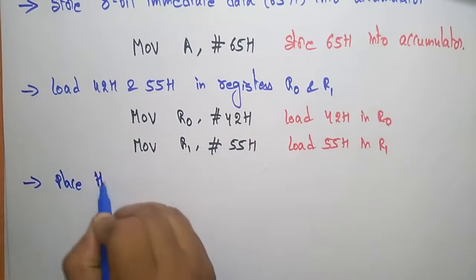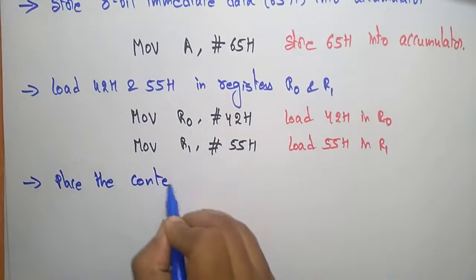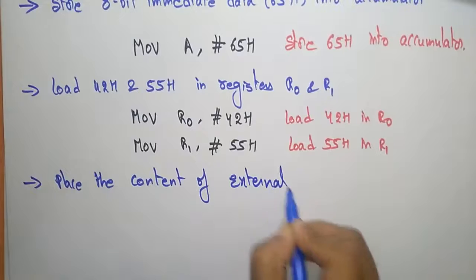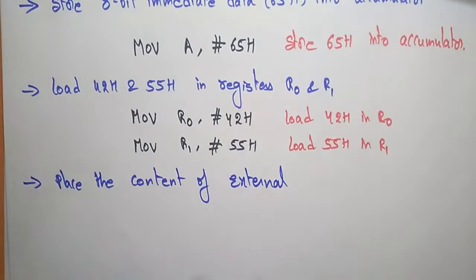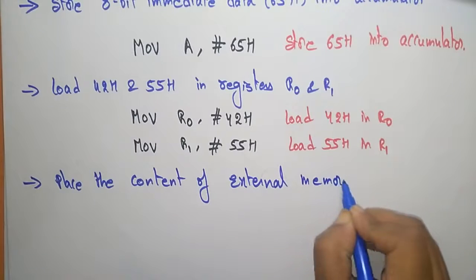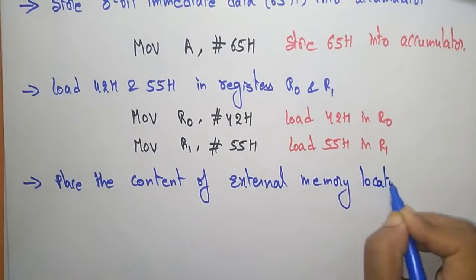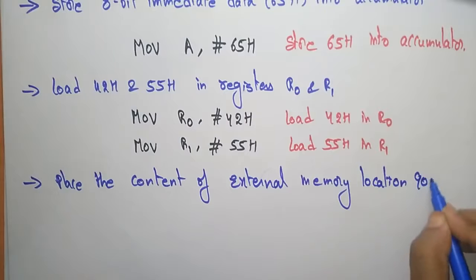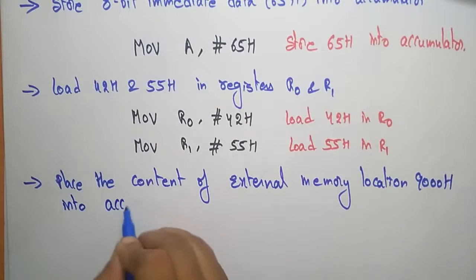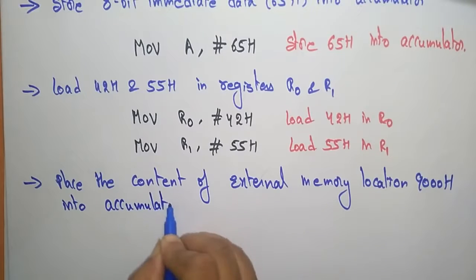Place the content of external memory. In the external memory, some data is there that has to be moved to the accumulator. Let's take external memory location 9000H into the accumulator. Accumulator means the A register.